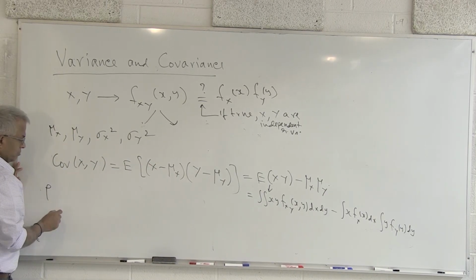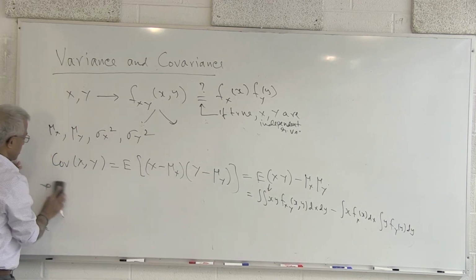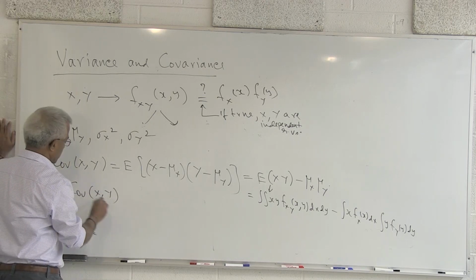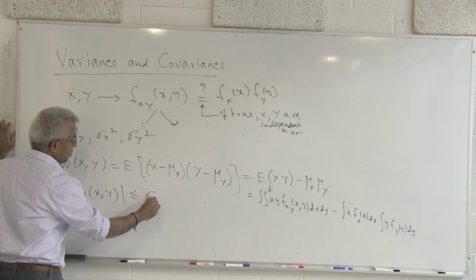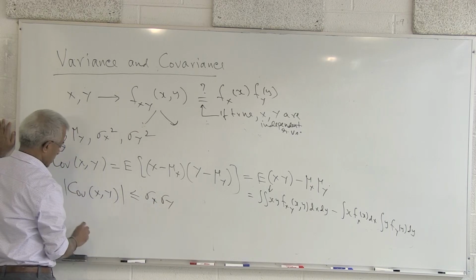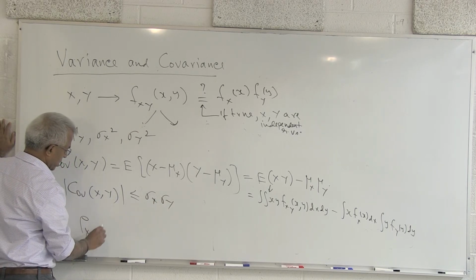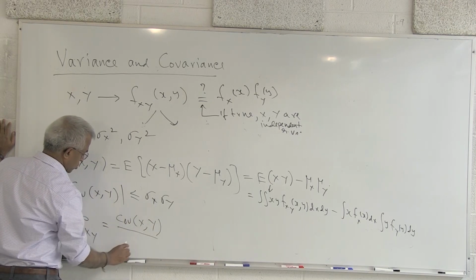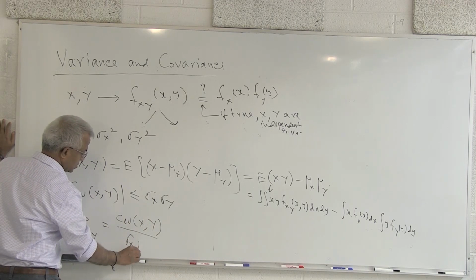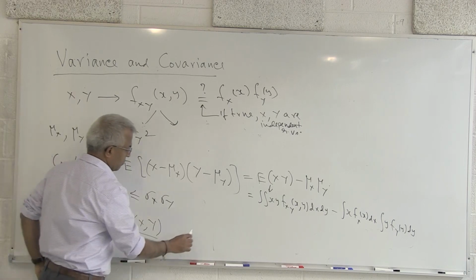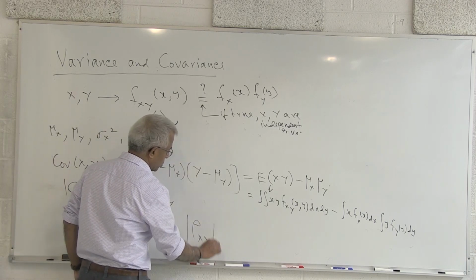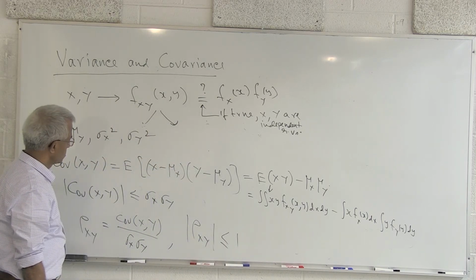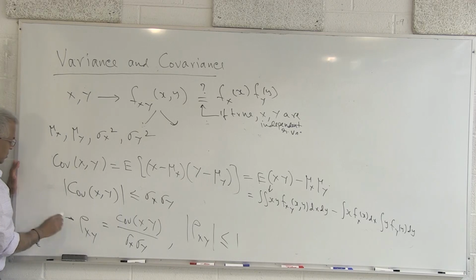Now, using Schwarz's inequality or otherwise, it's easy to show that the absolute value of covariance of x comma y is less than or equal to sigma x sigma y. So that gives us an idea to define a dimensionless quantity, which is covariance of xy divided by sigma x sigma y. If you do that, then you can see rho xy is always between -1 and +1. So this is called the correlation coefficient.